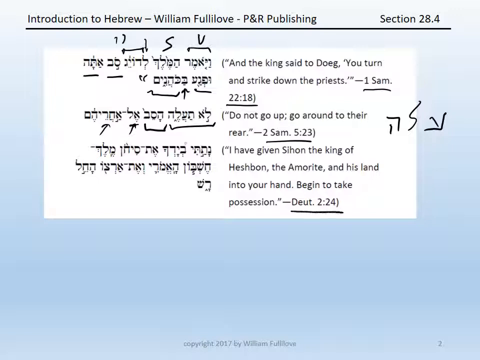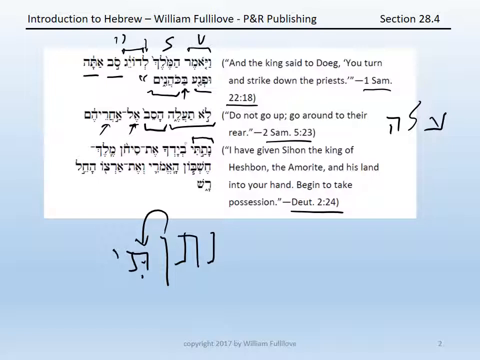And third, Deuteronomy 2:24, natati b'yadkha et Sihon melech Heshbon ha'emori, ve'et artso hachel rash. So begins natati. This is a qal perfect of natan, first common singular. Note that from natan, our old common friend of a verb, the third root letter has assimilated into the first common singular suffix.